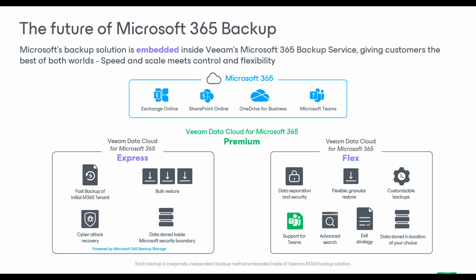You can see this visually described at the bottom left of the screen, and we call it Veeam Data Cloud for Microsoft 365 Express. So we call this Express. Again, the Express main capabilities give you fast backup, lightning speed of backup, and lightning speed of bulk restore that we have seen from the previous slide.